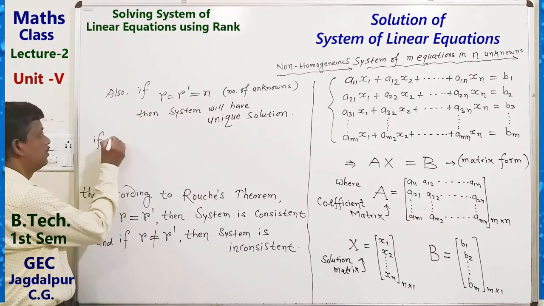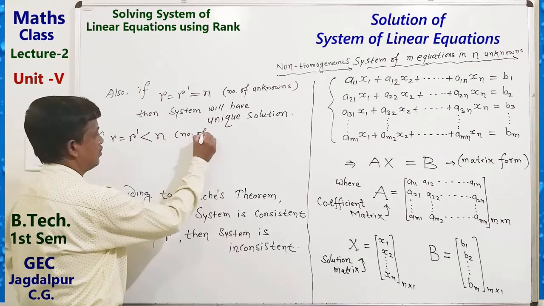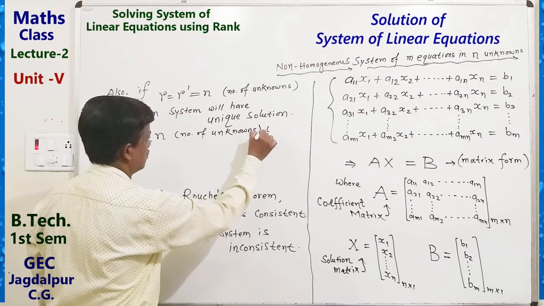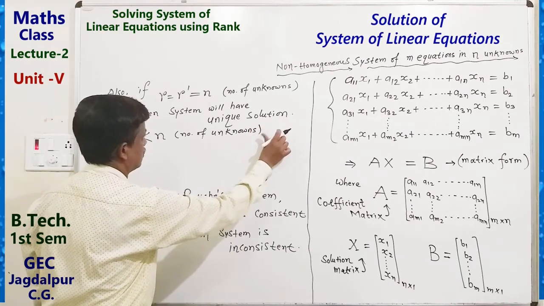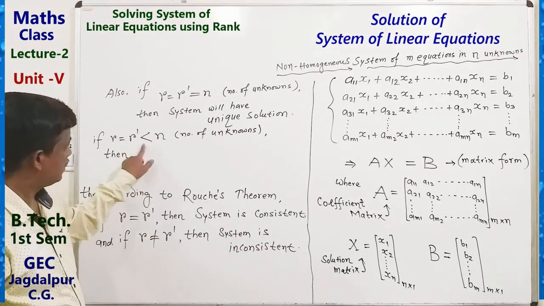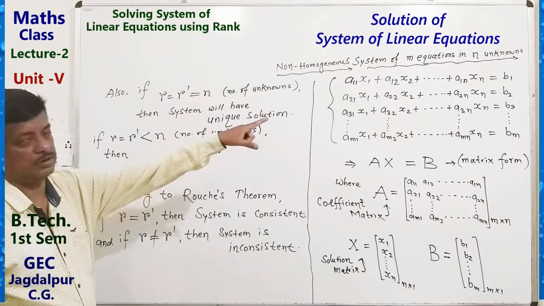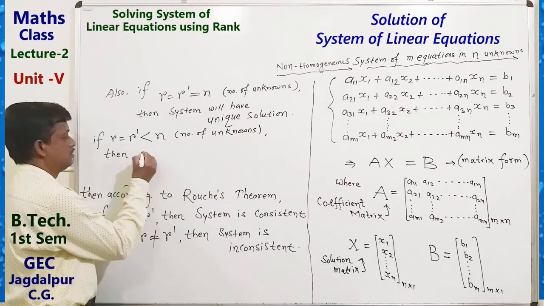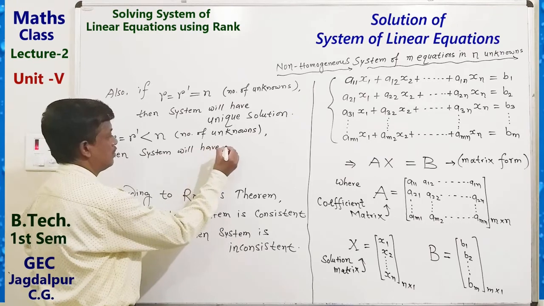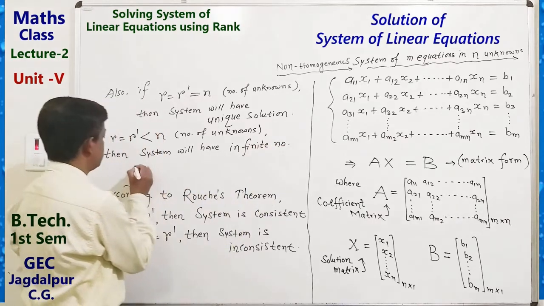And if r equals r dash is less than n, the number of unknowns, then both ranks are equal and less than n, then the system will have an infinite number of solutions.